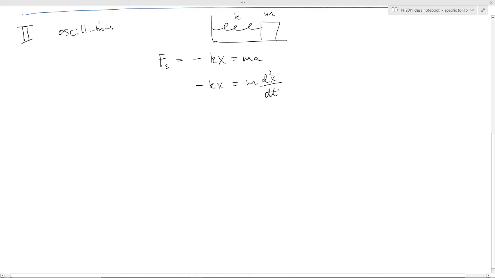Now, this expression, let me just write this a little bit differently. You have something that says that the second derivative of x is equal to negative k over m times x. So think of this x as a function of time.